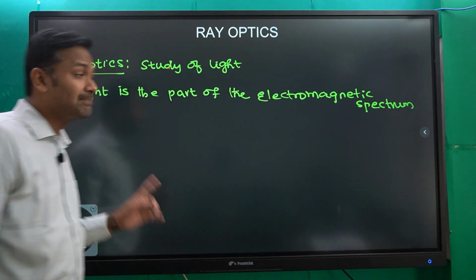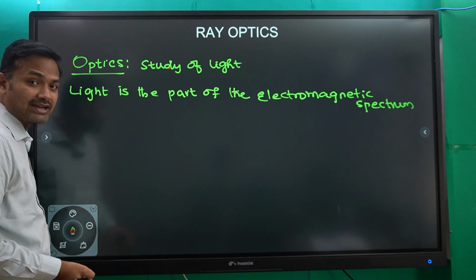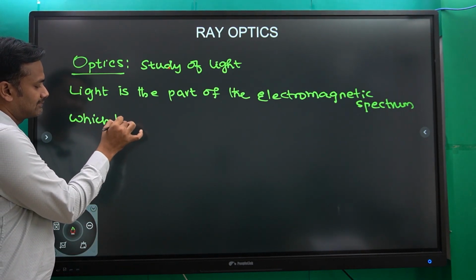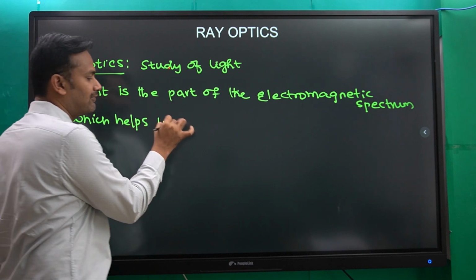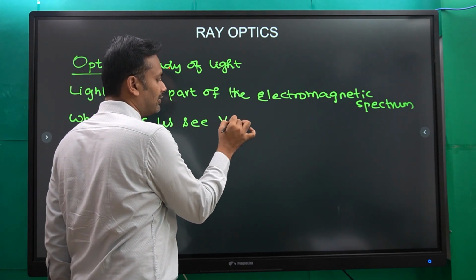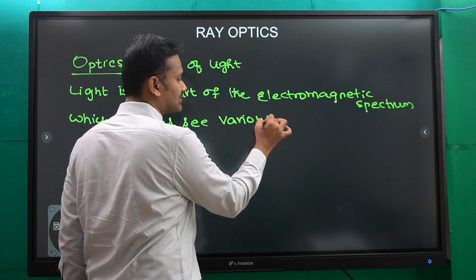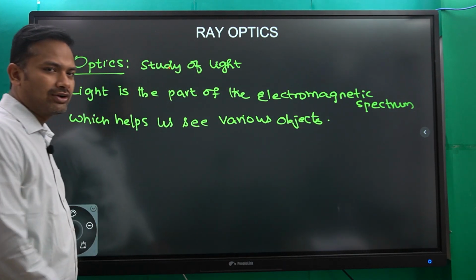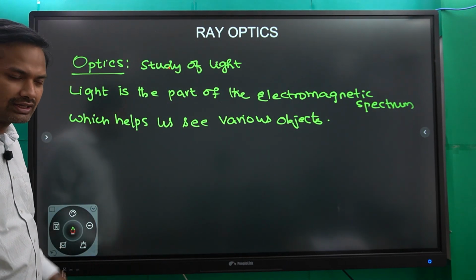Light is the part of the electromagnetic spectrum which helps us see different objects. Okay, that is the light we are talking about.